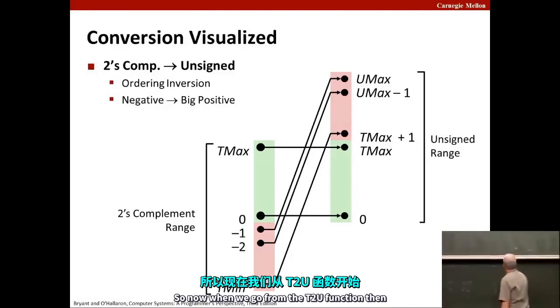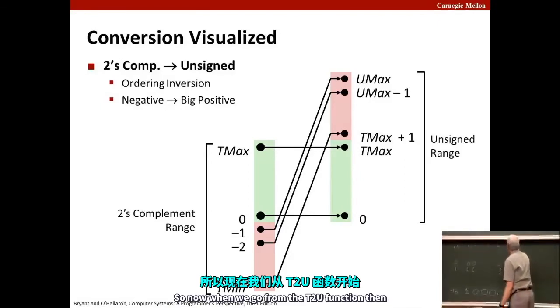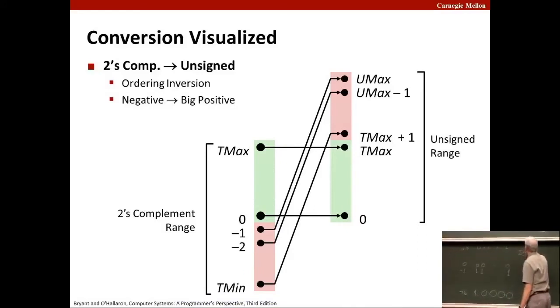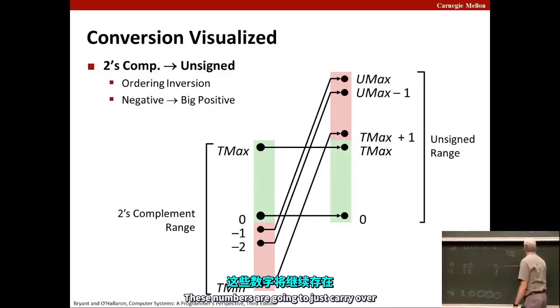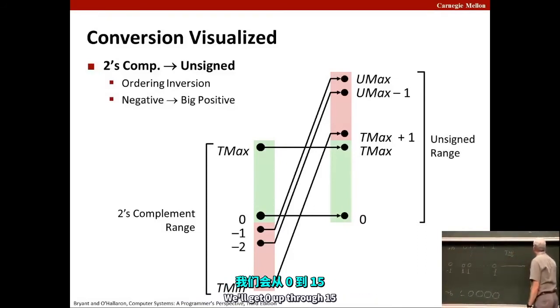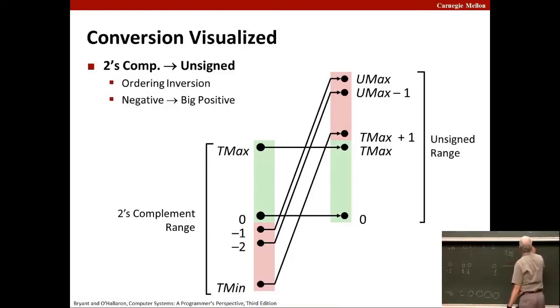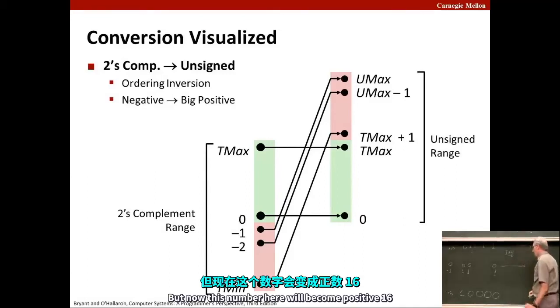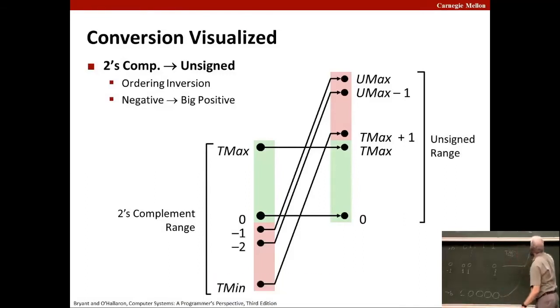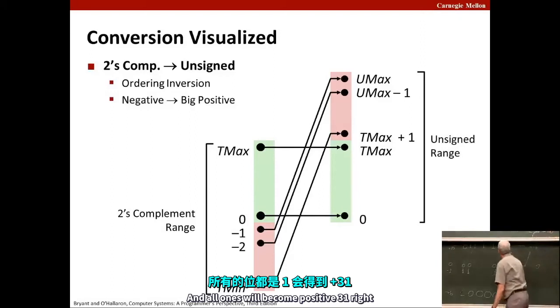So now, when we go from the t to u function, these numbers are just going to carry over. We'll get 0 up through 15. But now this number here will become positive 16, and all ones will become positive 31.